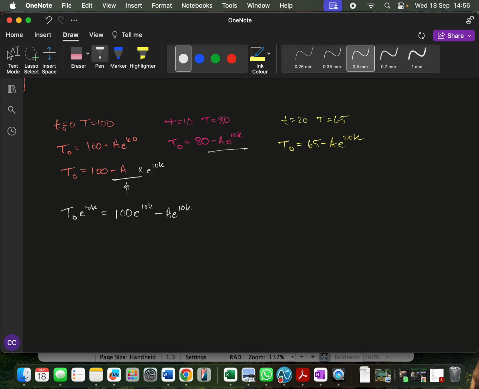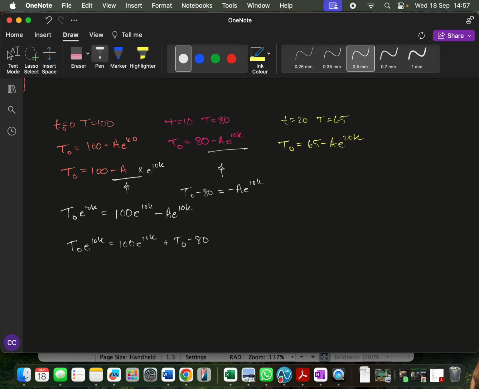So doing a little work right here, I can solve for negative A e to the 10k is the same as T0 minus 80. So T0 e to the 10k equals 100 e to the 10k plus T0 minus 80.